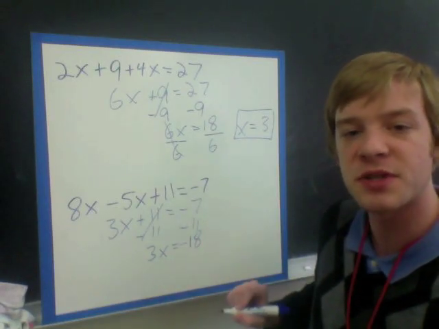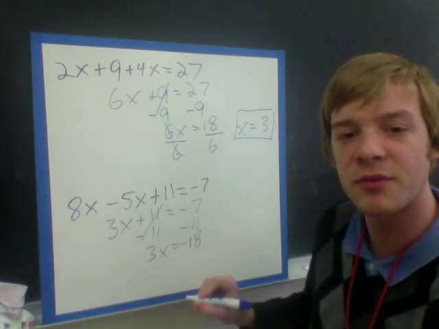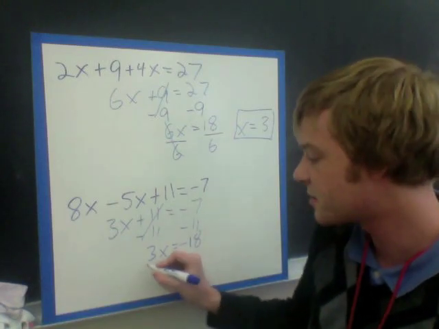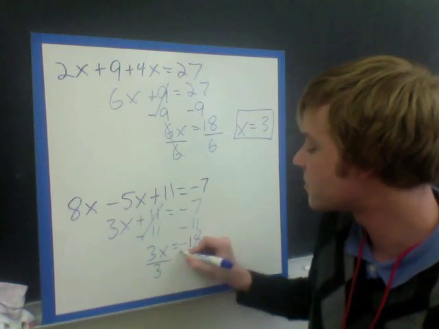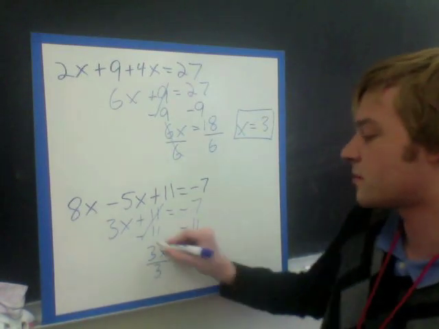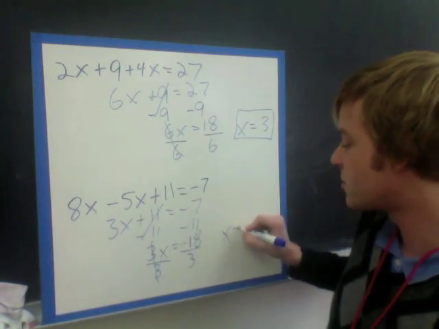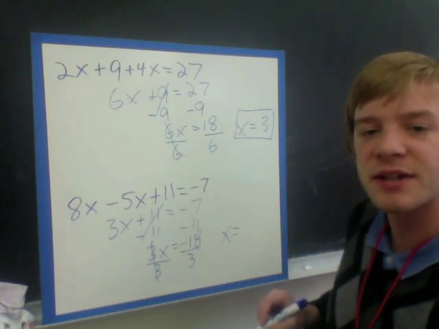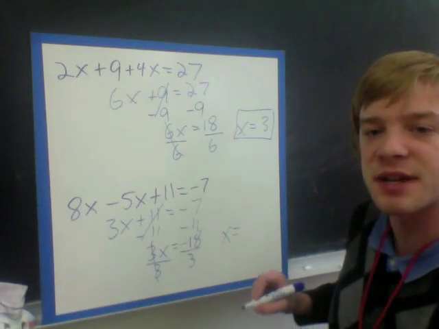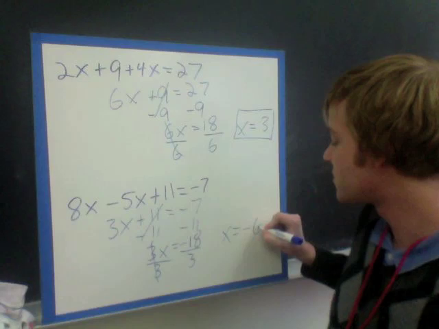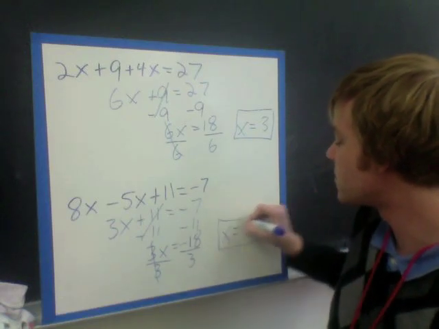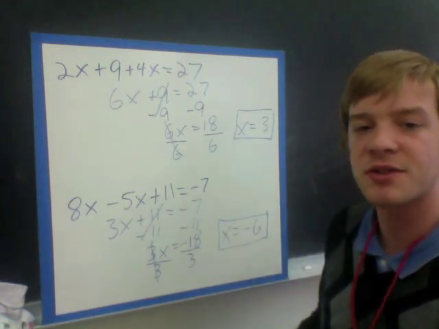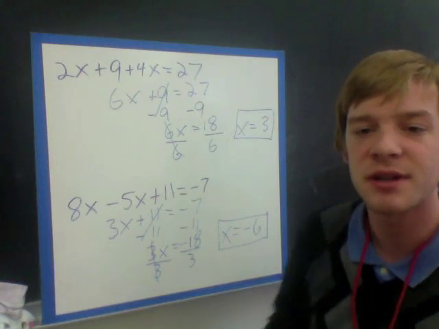To finish this out, we need to divide by the number in front, which means we're dividing by 3. And if we divide negative 18 by 3, we should get negative 6. So our final answer here is x equals negative 6.